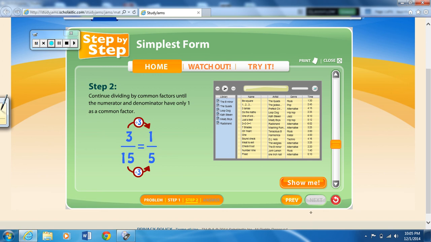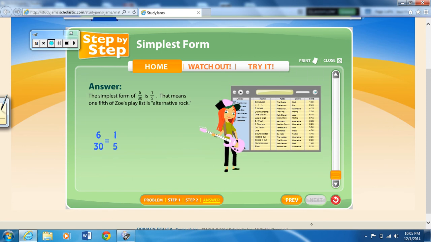We know this fraction is in simplest form because the only common factor between the numerator and denominator is 1. The simplest form of 6/30ths is 1/5. That means 1/5 of Zoe's playlist is alternative rock. I personally prefer something a bit more mellow, but you know Zoe, she likes to rock out.